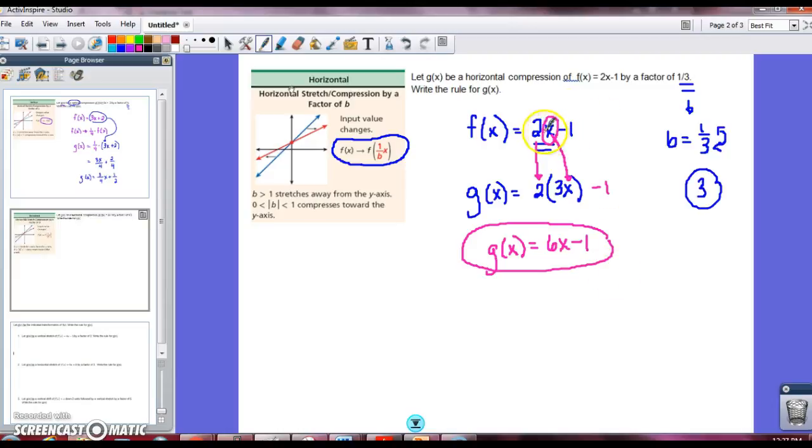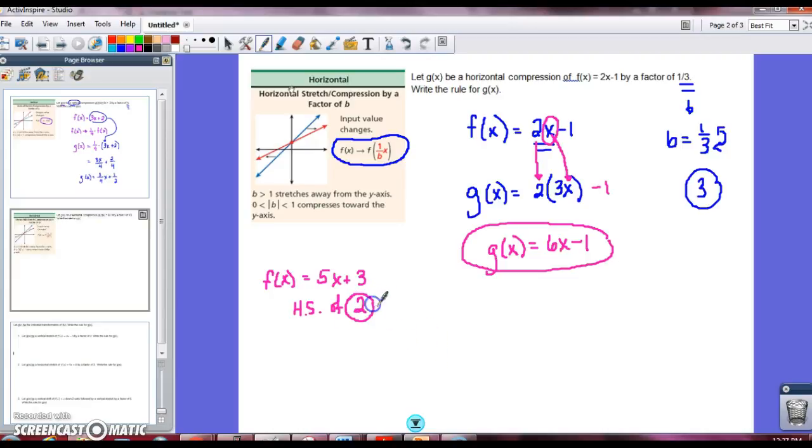So whether it's a horizontal stretch or a compression, whatever that is, flip it and then multiply that by x, and that's what goes in your parentheses. So for example, if I had the function f of x equal to 5x plus 3, and I did a horizontal stretch of 2.